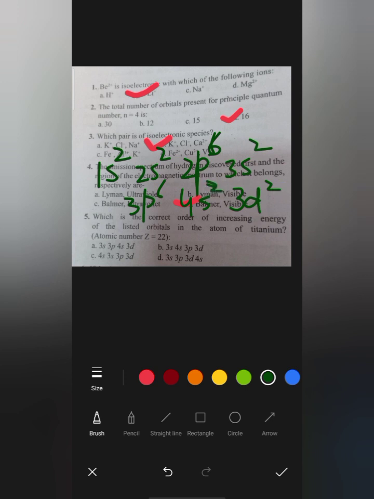So you can see from the configuration that 3d will be the highest, next is 4s, then 3p, and then 3s. So according to the Aufbau principle, the correct option will be option A, that is 3s, 3p, 4s, 3d. Okay, hope you are clear on these 5 questions.